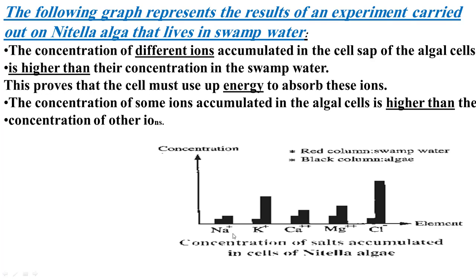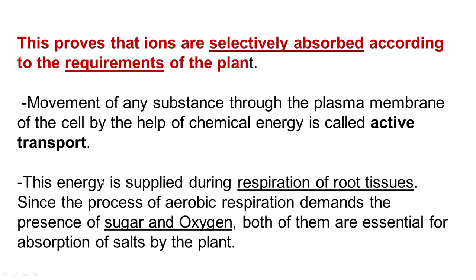So here, sodium inside its body is more than in the swamp. Potassium, calcium, magnesium, and chlorine are also more. So that means Nitella algae is a very suitable example of active transport. This proves that ions are selectively absorbed according to the requirements of the plant.